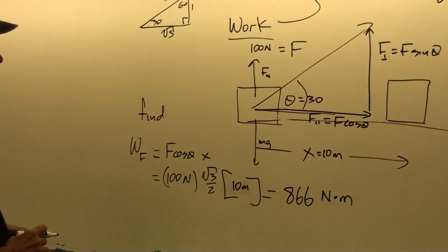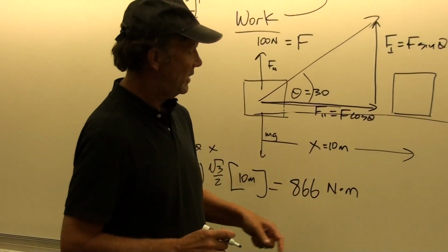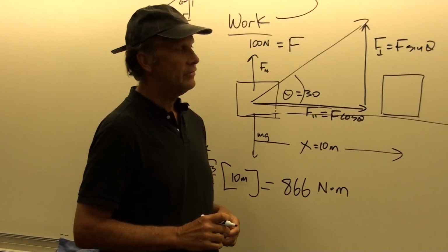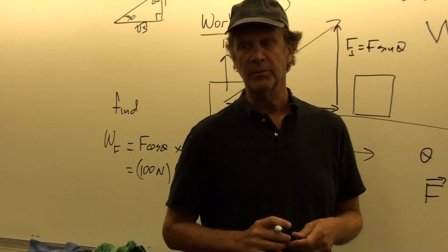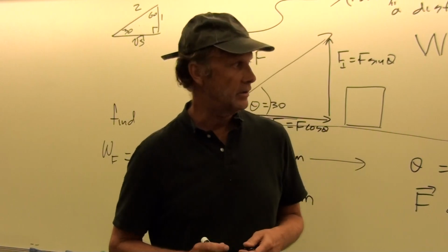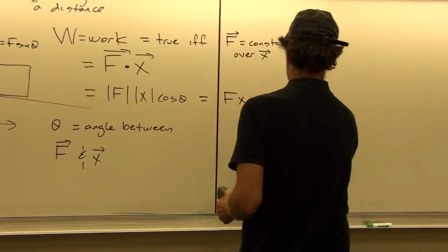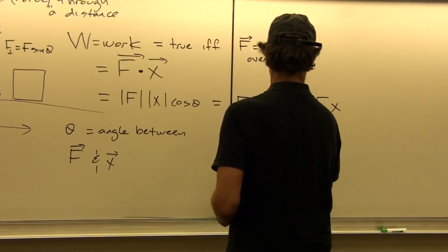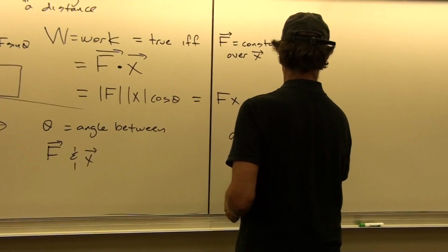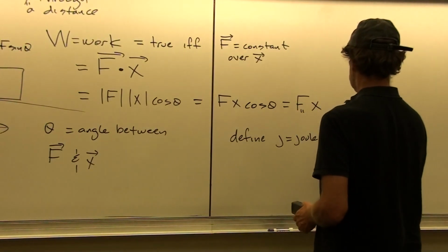Now, it turns out that because we don't like having to use combinations of units if they're often used in a problem, we have an abbreviation for Newton meters, and we call it a joule. This is also a unit of energy, as we'll see later.